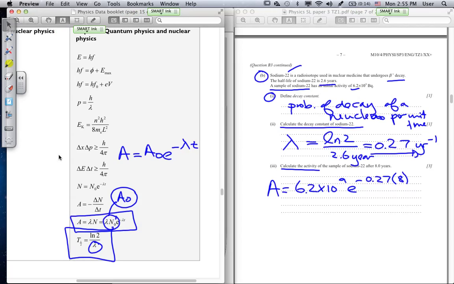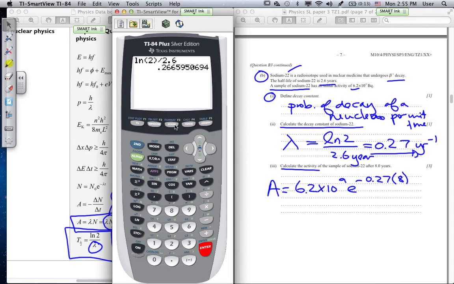So bringing my calculator back again. And we're going to put that in, so it's going to be 6.2, my exponent, 9, times, now we need the e, and we're going to use this button over there.